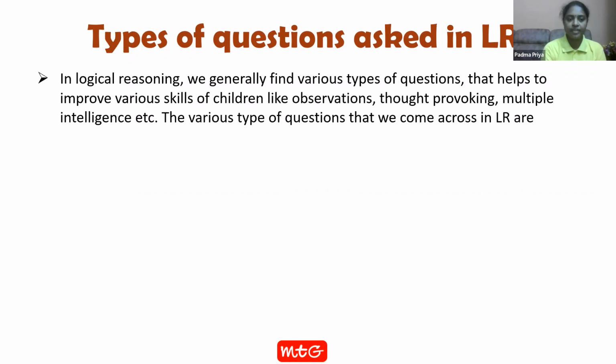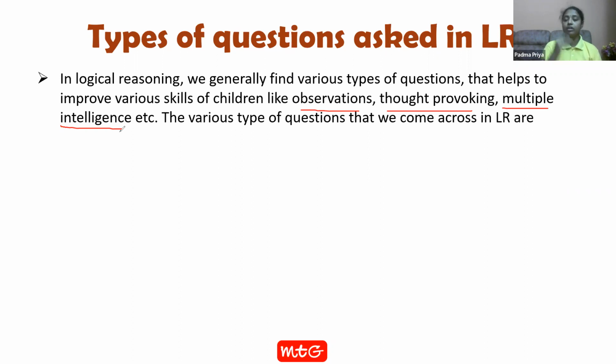In logical reasoning, you get different sets of questions of various types which could improve your skills. What are the basic methods of improving your skills? One is by observation, thought-provoking, multiple intelligence, and much more. By observing the question, you will get certain questions where just by observing you need to answer.